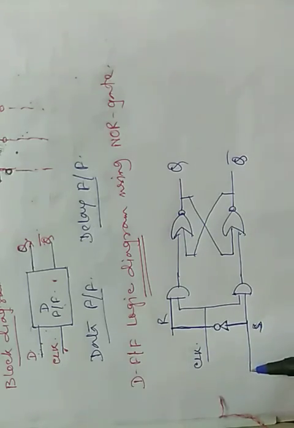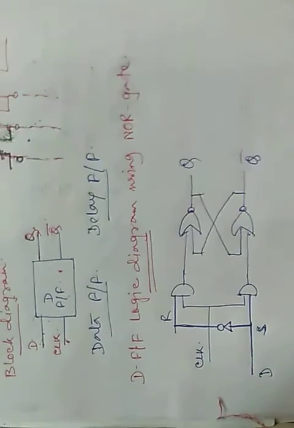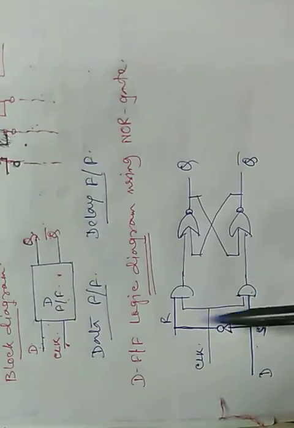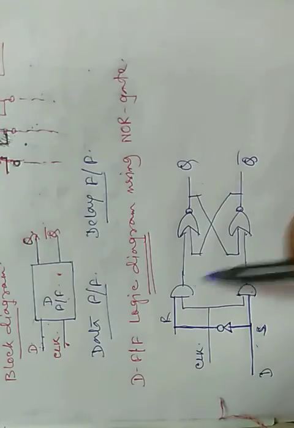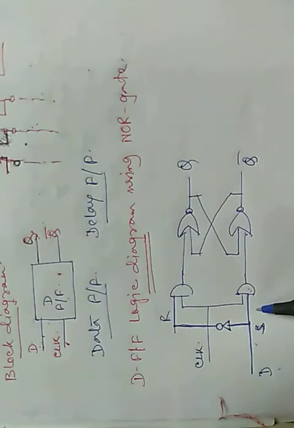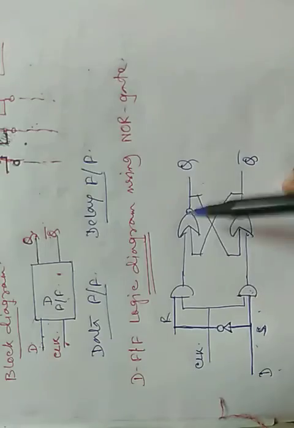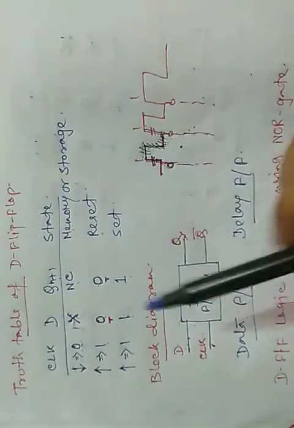For S's value, we have to feed the direct value of D, and the inverted value should be in R. So for the SR flip-flop using NOR latch, S is fed in the lower gate, so that's why D is also in the lower gate. Okay, as for the block diagram of the SR flip-flop, this circuit will be within this and the truth table will be the same.